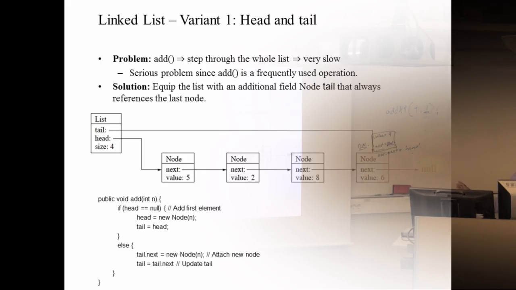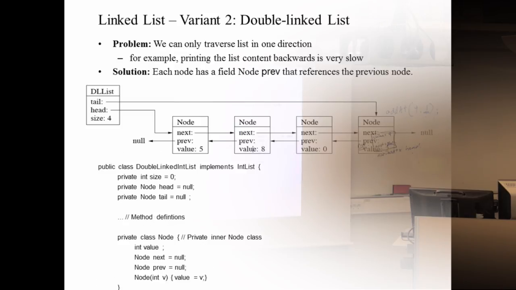But if you have this head and tail approach, you have an address to the tail. Tail means the last node in your list. Then you can add the element simply, because the tail holds the reference to the last element in the list.